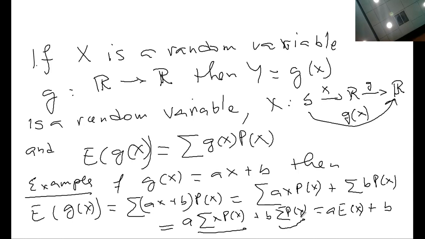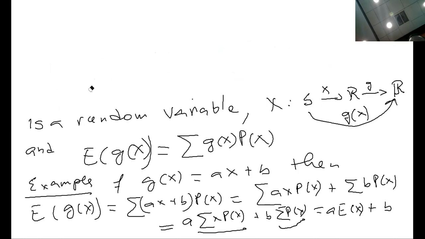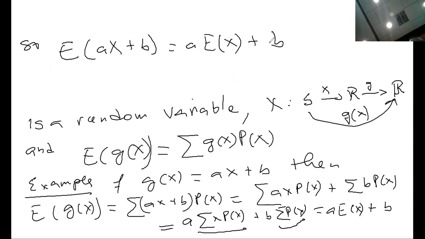Yes, it should be 1. So that is why we get this, which is the linear transformation of a random variable. So we have actually established the fact that E of aX plus b is equal to a times E of X plus b.